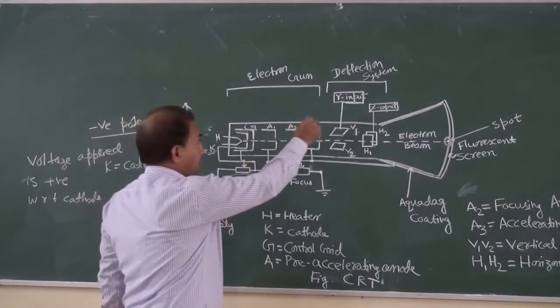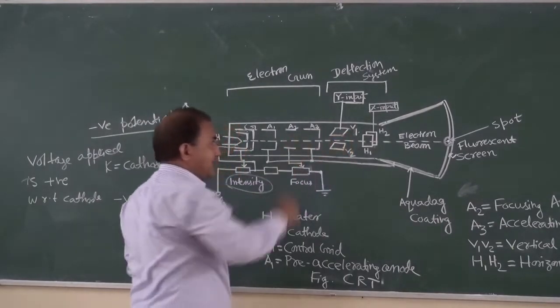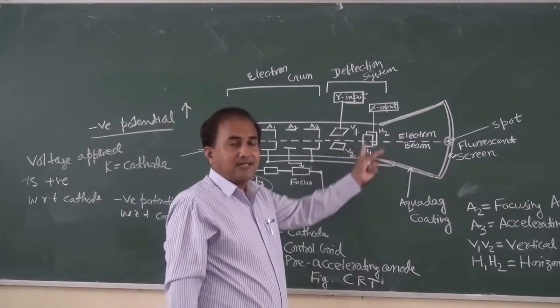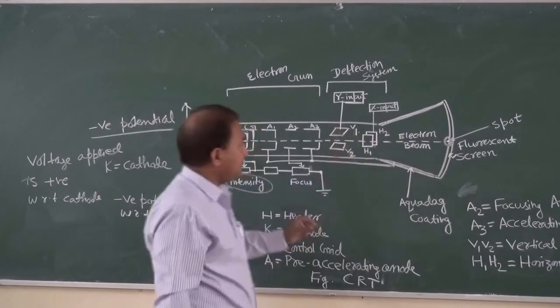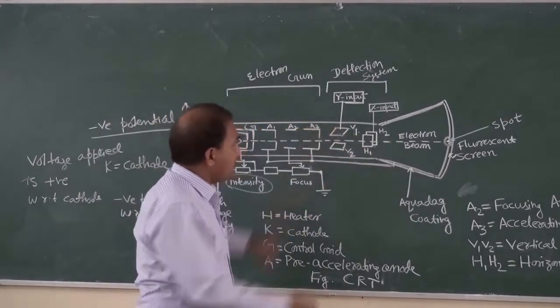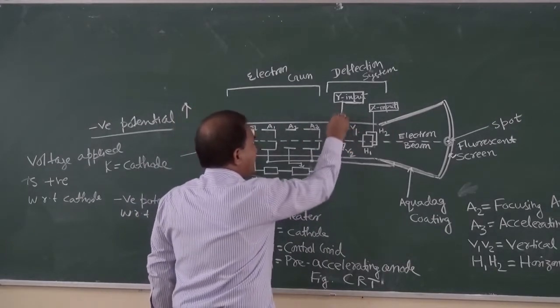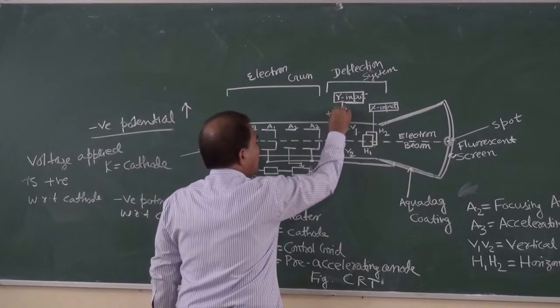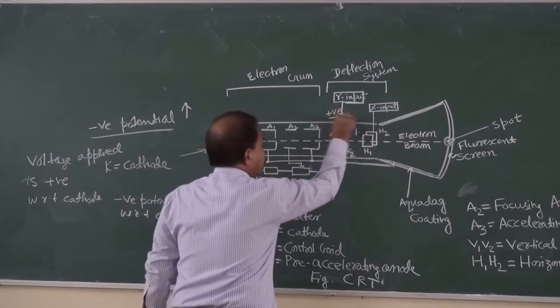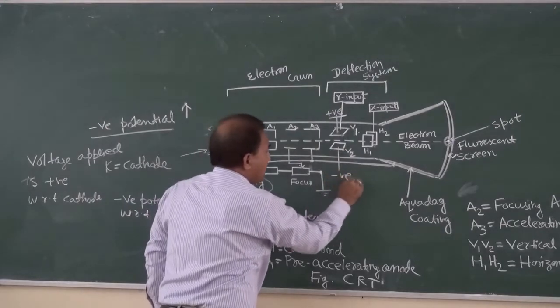Now this is V1 and V2. These are the vertical plates, and H1 and H2 are the horizontal plates. You can see, if V1 is connected to the positive terminal of the battery, and this is connected to negative, what will happen?